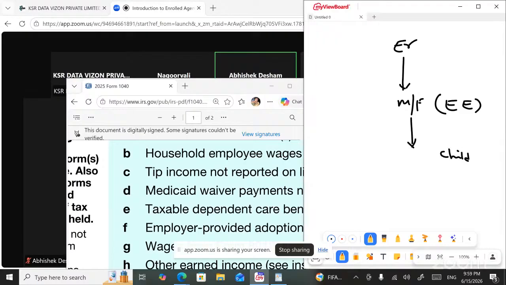Who the child is and when eligible, the criteria we are going to cover subsequently. The child age must not be more than 13 years. Like that, some criteria will be covered subsequently. At this point, my intention is to introduce all the technical words. Once this technical terminology, jargon, is clear, in every subsequent chapter the student will feel comfortable, and it will be easy to remember.